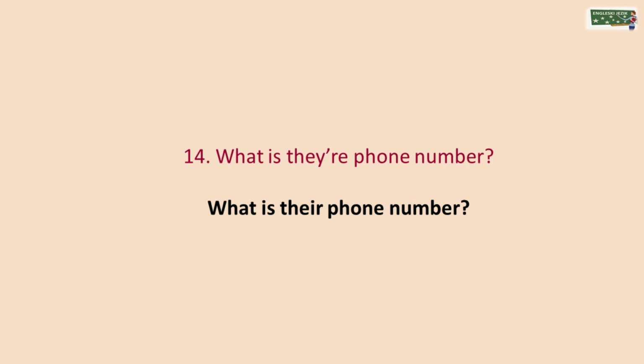It is supposed to be what is THEIR phone number. Their phone number. This kind of their is a possessive pronoun, which means that they own that phone number. It is theirs. Whereas THEY'RE is short for they are. So there's a difference between them.